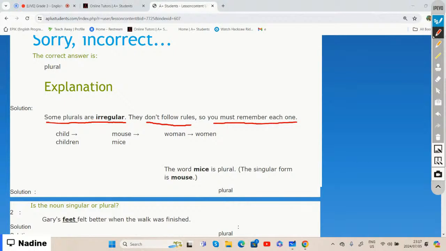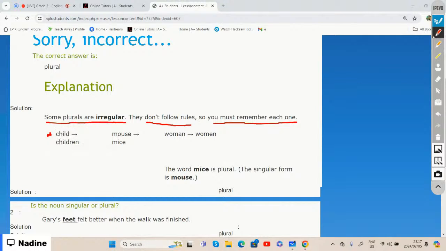It's going to be very hard for me to teach you how to remember something, because it changes. Like for example, look at the word child. So child refers to one child, right?